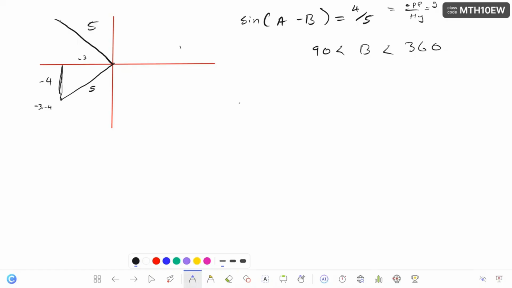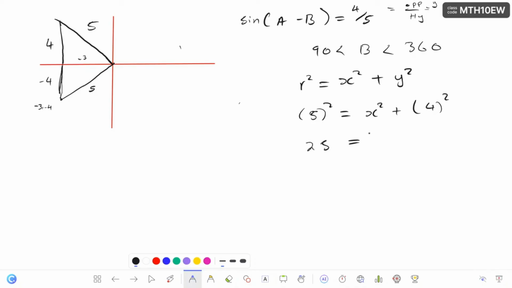It's 4. So we need to calculate the value of x. r squared is equal to x squared plus y squared. So our r is 5, 5 squared is equal to x squared plus 4 squared.